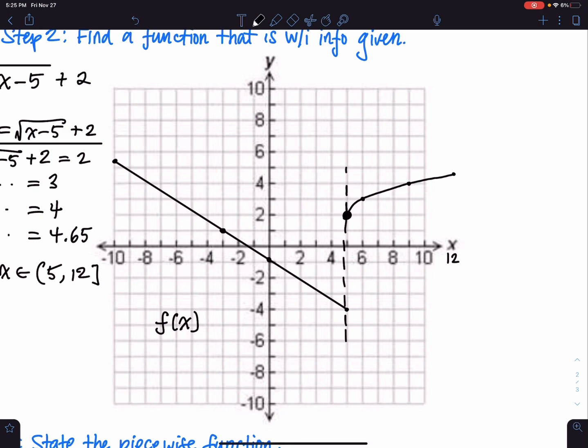On the dashed line that I drew, x equals 5, you can't have a function that hits that line twice. It just doesn't mathematically make any sense. So that's why I chose the hole to be in the square root function. You can choose the hole to be in the linear function and have a solid point in the square root function at 5. Either way is fine.